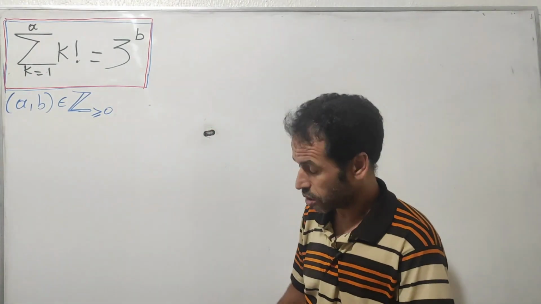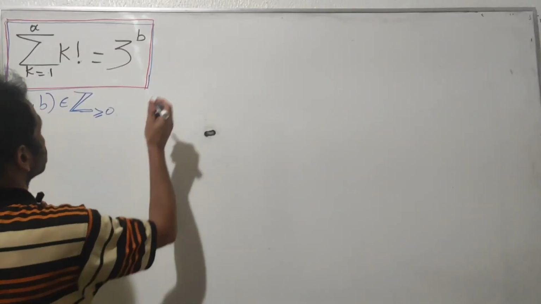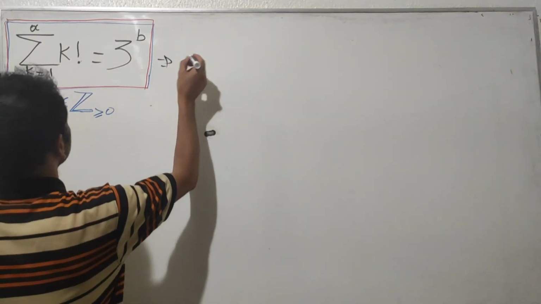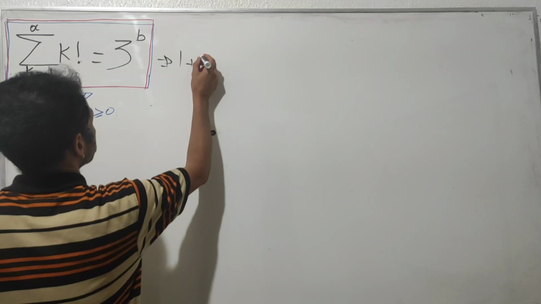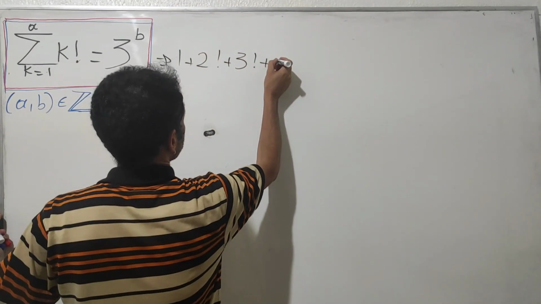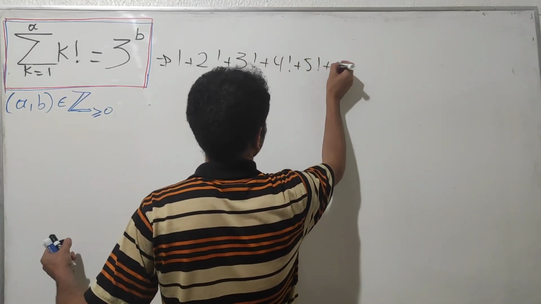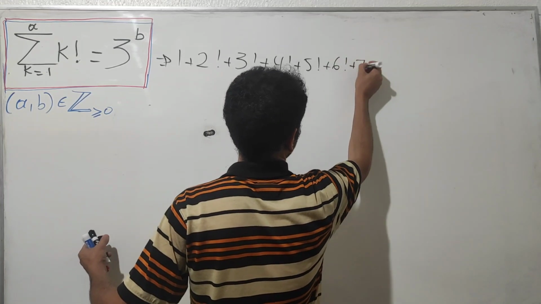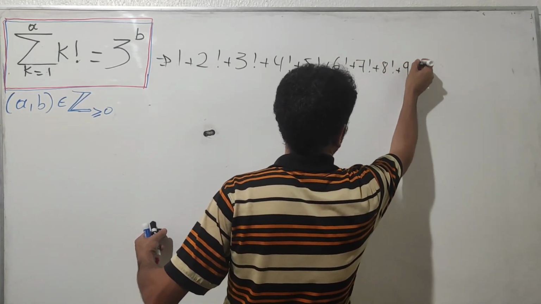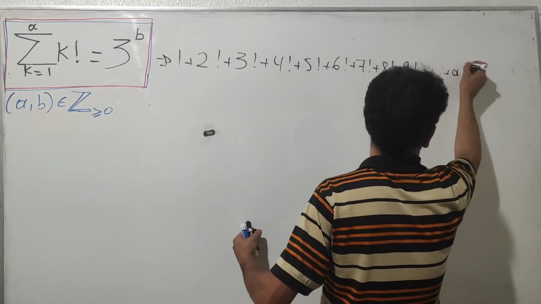Now let's get started. So I'm going to open up this one. So I will have the following. So I get here 1 plus 2 factorial plus 3 factorial plus 4 factorial plus 5 factorial plus 6 factorial plus 7 factorial plus 8 factorial plus 9 factorial, and so on and so forth until we get the last term, which is a factorial.